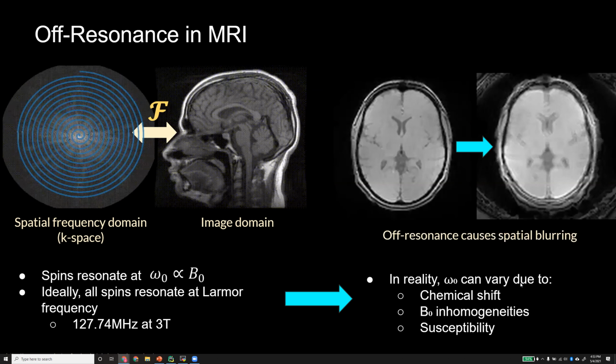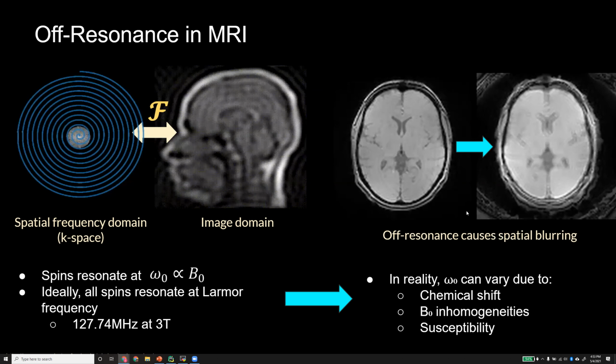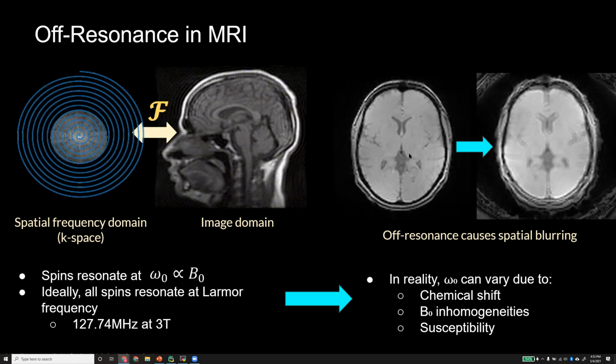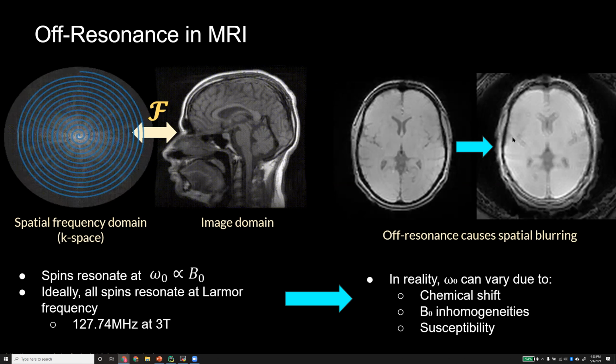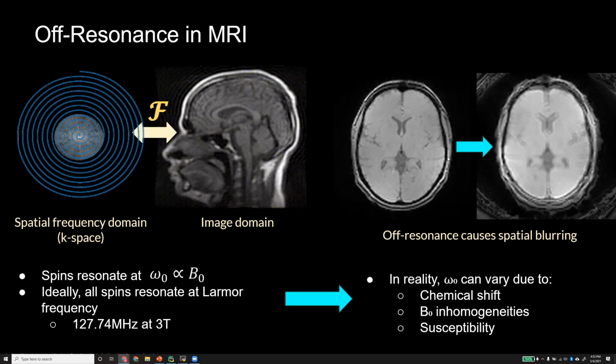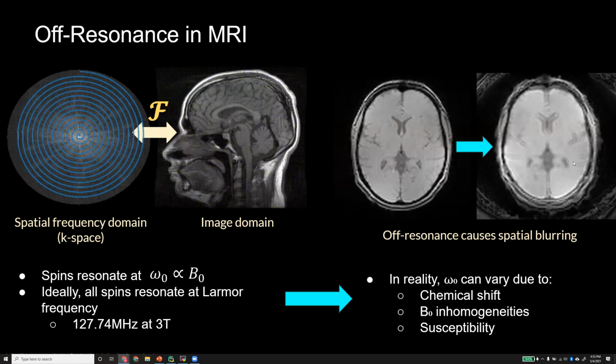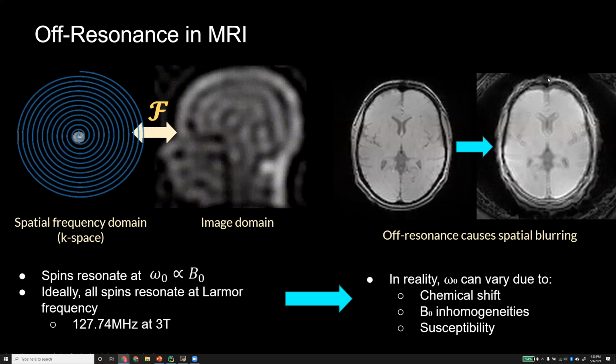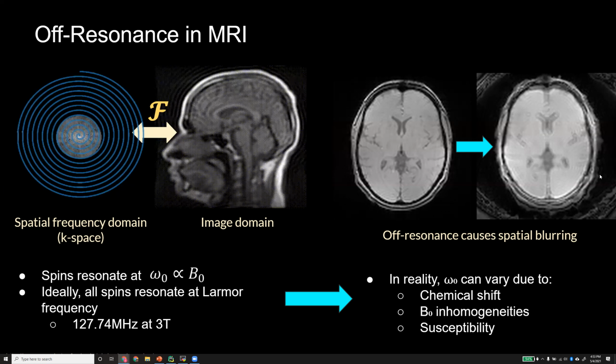And this causes off-resonance, and in the image domain, we can see off-resonance effects as spatial blurring. Here you can see an example of off-resonance, and this image was acquired with a spiral trajectory, and you can see that there's blurring and also a little bit of distortion at the edge of the image.